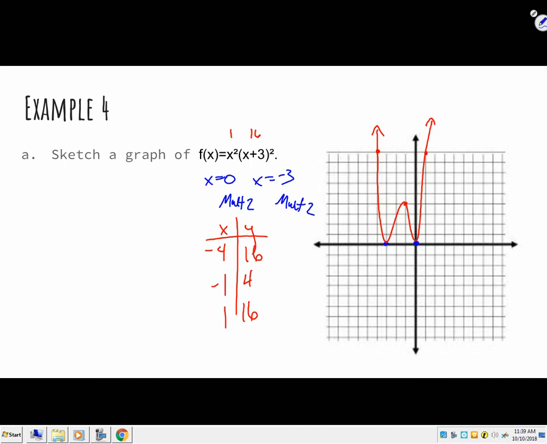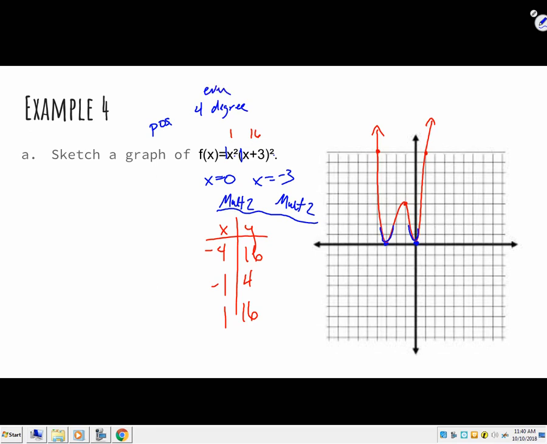At negative 3 right here, it comes down and it bounces off the axis. At 0, it comes down and it bounces off the axis. Also notice my end behavior on this. I have positive coefficients in front of both of these zeros. So I'm looking at positive, and if I add up my degrees right here, the 2 and the 2, or simply come down here and add my multiplicities, I got a 4th degree polynomial, which is even degree.